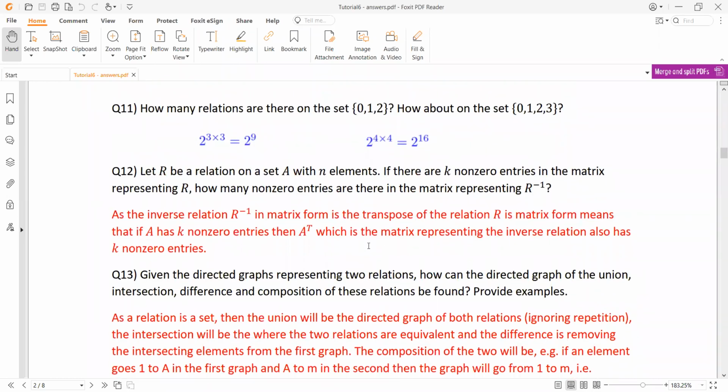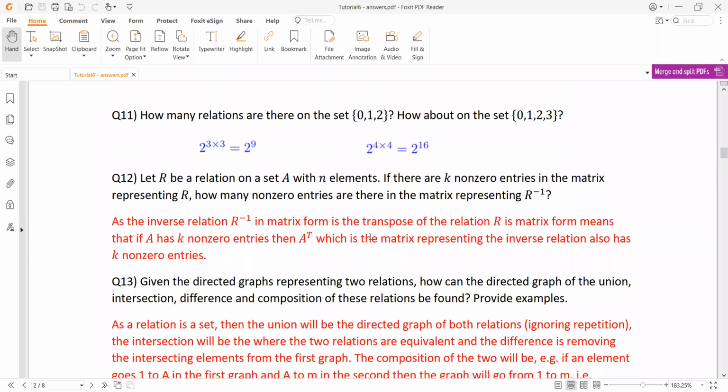Let's go to question number 11. Question number 11 is, okay, how many relations are there on the set A? How do I get a relation? How can I get a relation? A relation could be done in two steps.